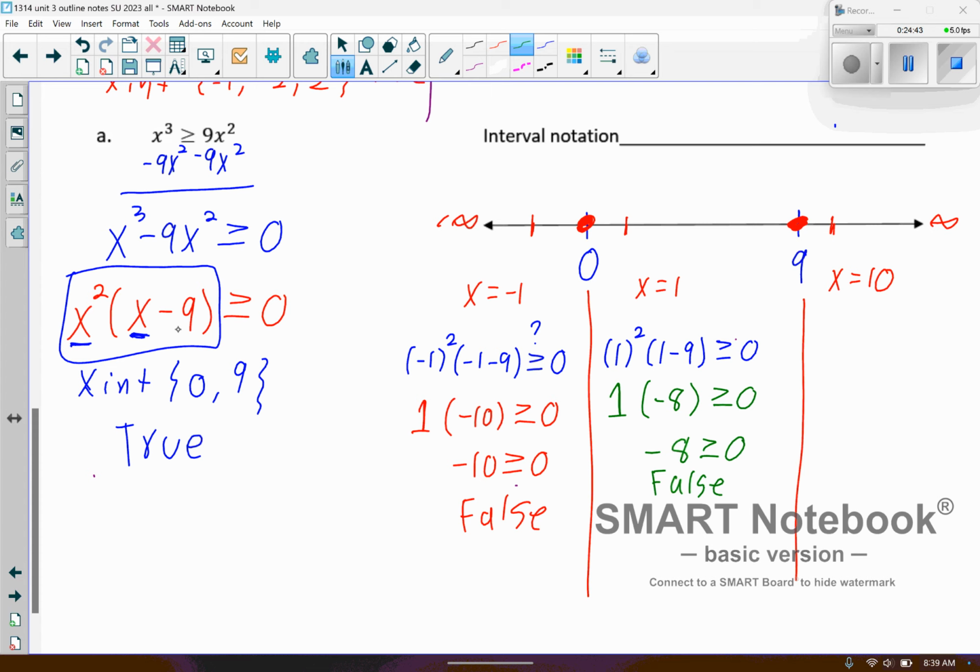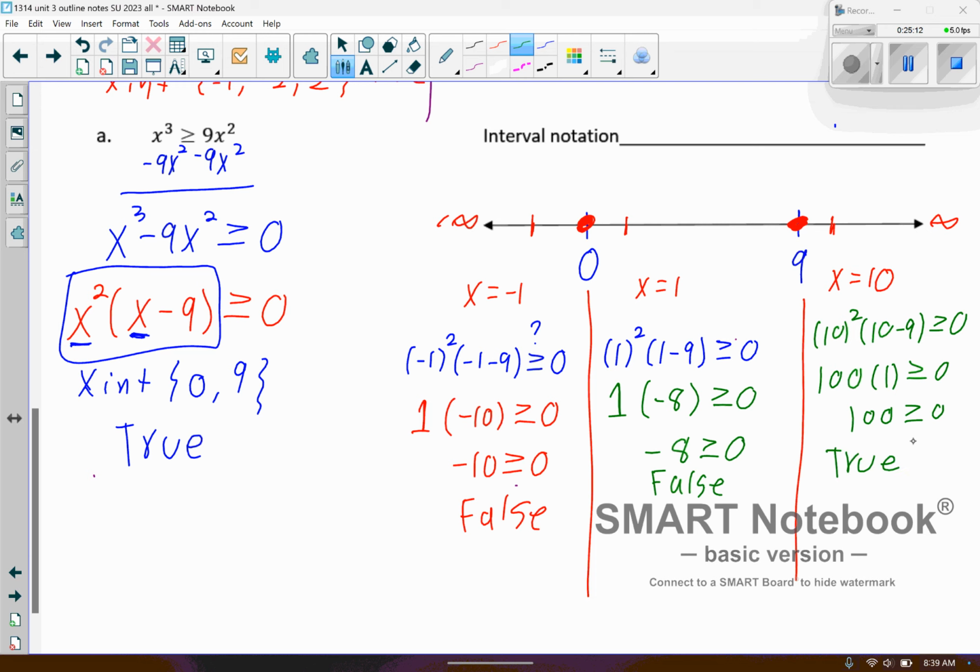Okay, what about when x is 10? We're going to have 10 squared times 10 minus 9. Is that greater than or equal to 0? Well, 10 squared is 100, and 10 minus 9 is 1. Multiplying together, I get 100 is greater than or equal to 0. Yes, 100 is greater than 0, so that's true.